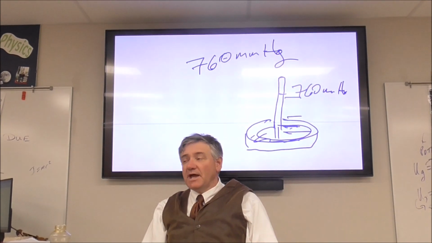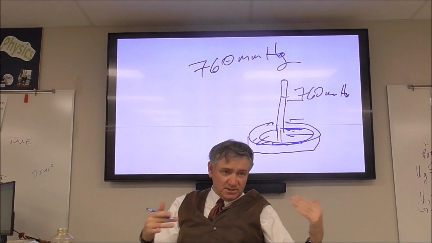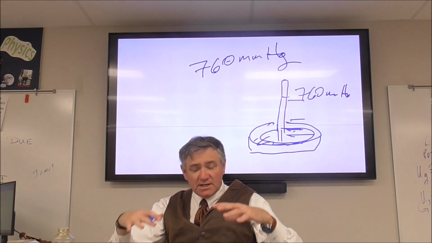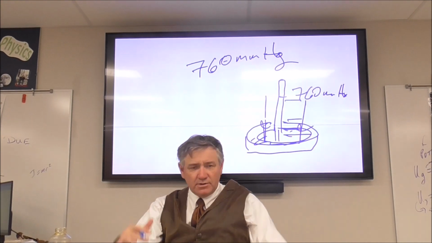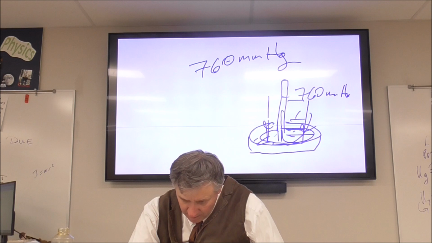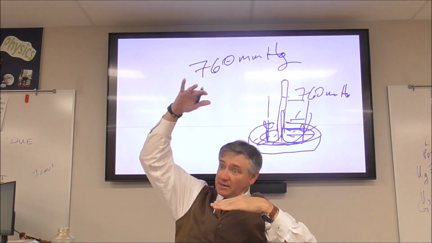Now, if you had a low pressure system move in, usually associated with rain, because if you look at what's creating that height, you have air pushing down on that surface, and it's pushing that mercury up into that column.